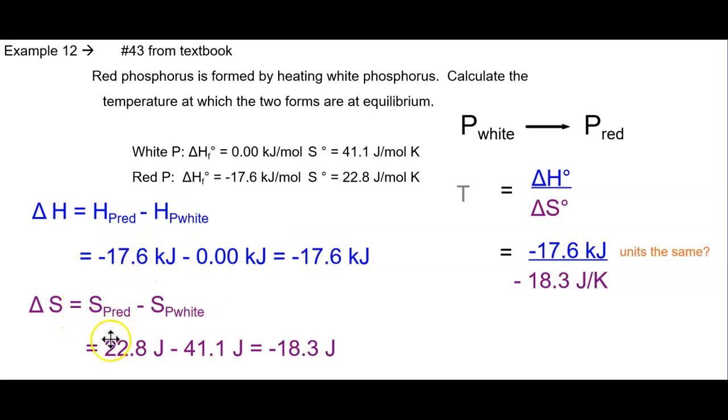Similarly, we're going to take this for S. We're going to take the entropy of red phosphorus, 22.4, subtract from it, because just like with H, we're doing products minus reactants, right? So this is my product, this is my reactant, that's why red's first. And then we're going to subtract off the 41.1 joules per mole Kelvin for white phosphorus, and plug them into the formula that we've been using for the last couple examples.